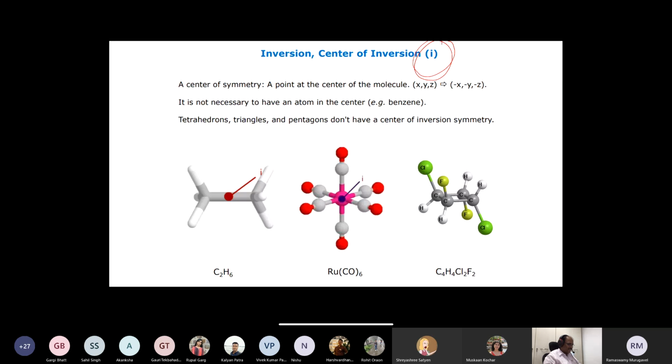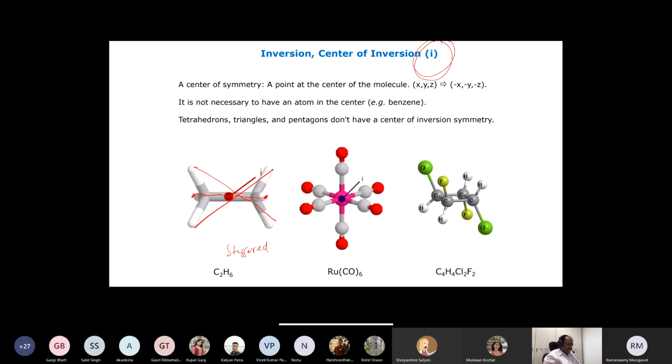That is the inversion center. So this is the methane molecule, which is in the staggered form. This hydrogen is coming out, this hydrogen is going in. So I can invert this hydrogen with respect to this point, the inversion center, to that side, this here and this here.